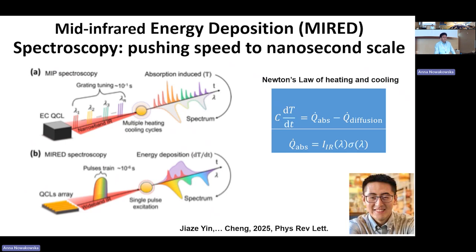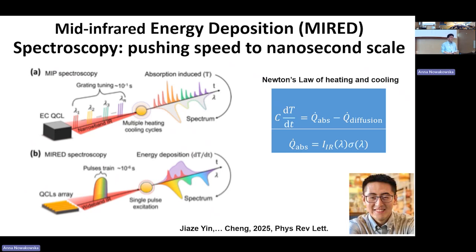Very recently, we have invented a new method called mid-infrared energy deposition spectroscopy, called MIRAT. As I mentioned, the common sense is you have to wait till the thermal decay is finished to send another pulse. And this fundamentally limits the photothermal imaging speed.